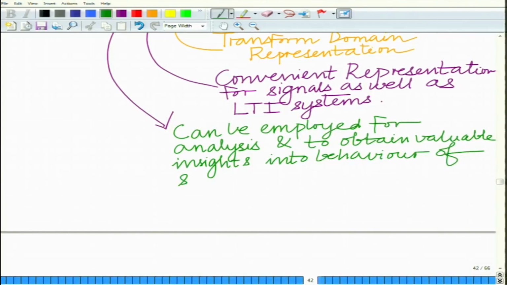So, it can be used for analysis and to obtain insights into the behavior of signals and systems.